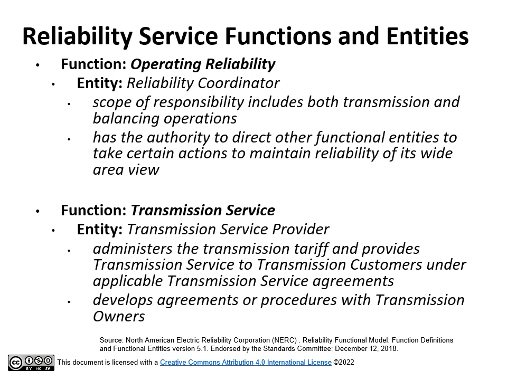This entity administers the transmission tariff and provides transmission service to transmission customers under applicable transmission service agreements. It is also responsible for developing agreements or procedures with transmission owners.